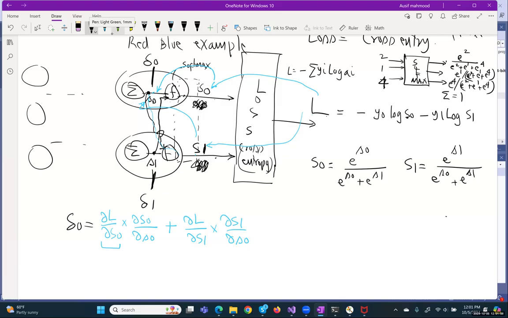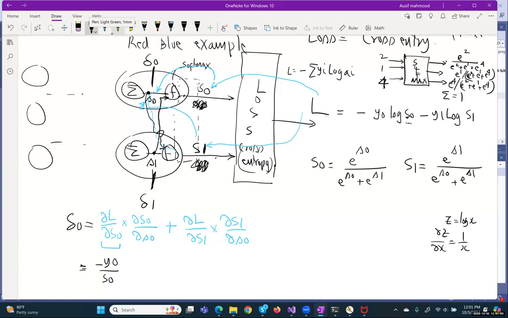So if I gave you z equal to log of x, partial z over partial x is 1 over x. That's the standard math. So what will be the answer for this term? If you do partial L over partial S0, it will be 1 over S0, which means it will be minus y0 over S0, correct?